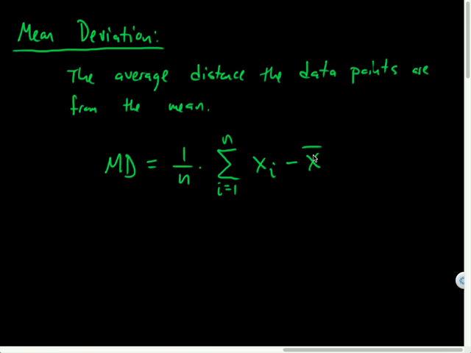If my average was 4 and my data point was 7, that distance would be 3, so I'd have 7 minus 4. But this is currently a difference. To get a distance, I want it to be positive, so I'm going to take the absolute value of that difference to make it a distance. Kind of craziness, I know.